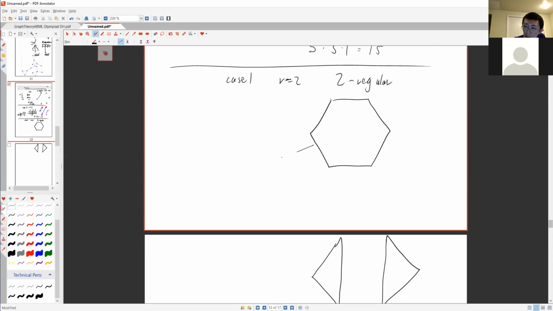So how many ways can we do it? How many ways can we have a 6 cycle? Remember, it can be any order, and the edges crossing doesn't mean you form a vertex. So you could go like that. Oh, I didn't draw the cycle right, but you get the idea. It could be something like that.